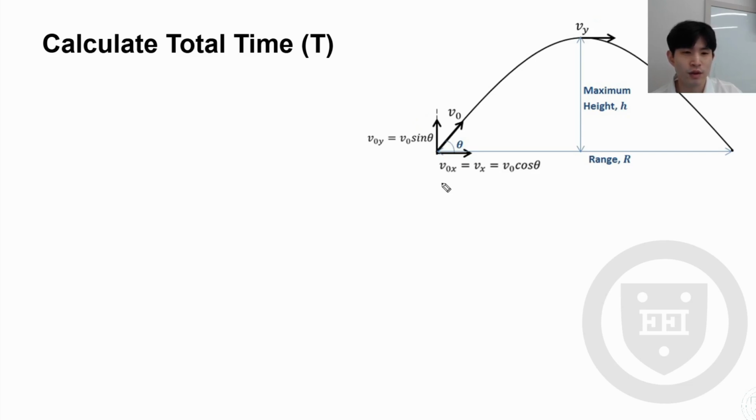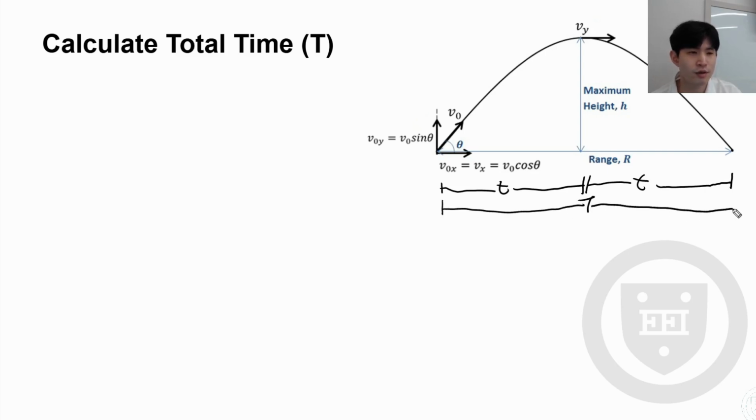So the time it takes for the object to travel from the moment it's launched until it reaches the top of the projectile is identical to the time it takes for the object to travel from the top to the bottom. So it is completely symmetrical, which means that the total time is just 2 times this small t.